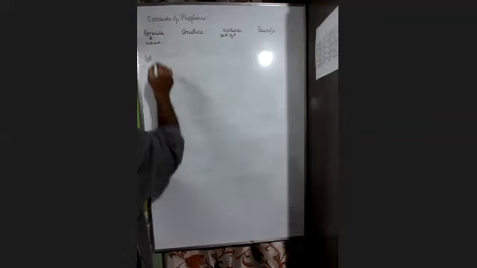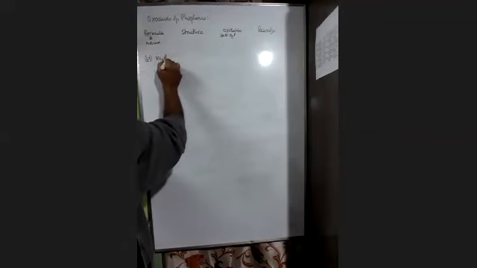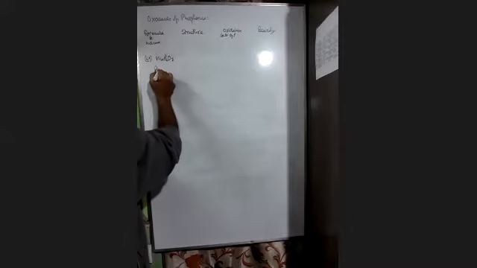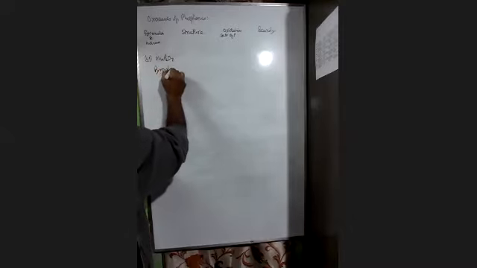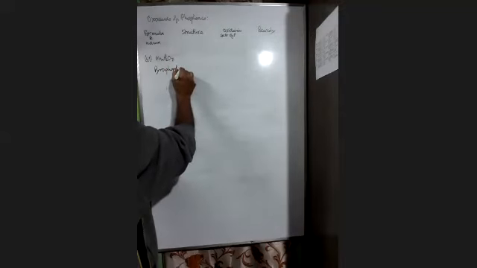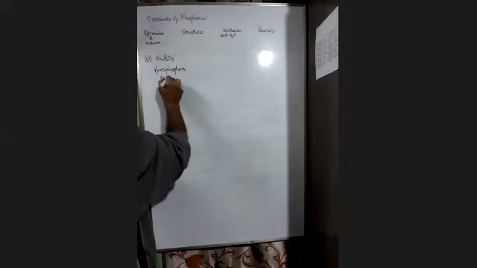Okay. Now H4P2O7. This is called pyrophosphoric acid. Just like 2 phosphorous acid has joined together to give us pyrophosphorous acid, we can also prepare pyrophosphoric acid by joining 2 molecules of phosphoric acid.